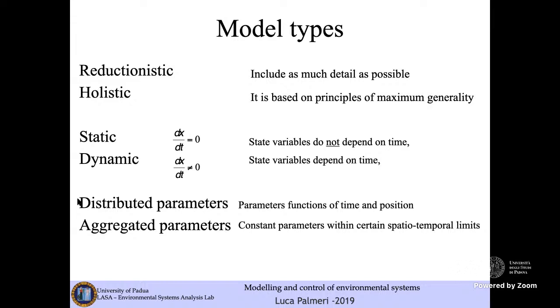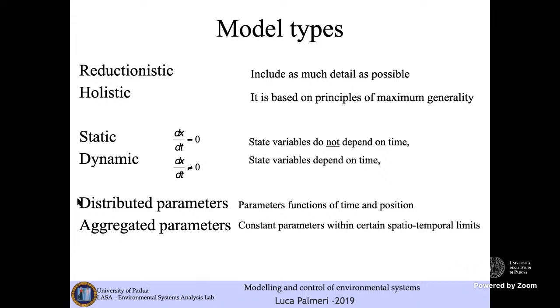Another important classification is that which differentiates between static and dynamic models. Typically, in static models, we shall be able to find at least one state variable that does not depend on time. We refer to static models often with the term stationary models. Stationary models are models for which we may identify a set of state variables, but sometimes also a set of external variables, that do not depend on time.